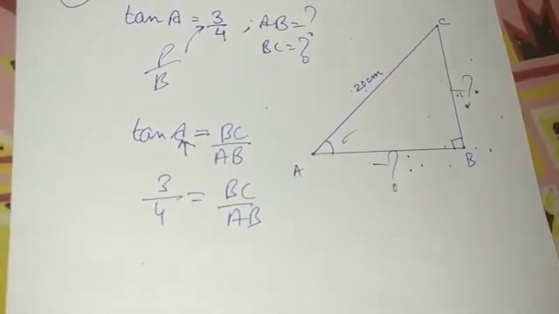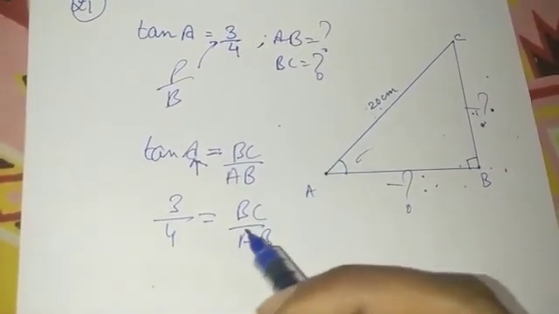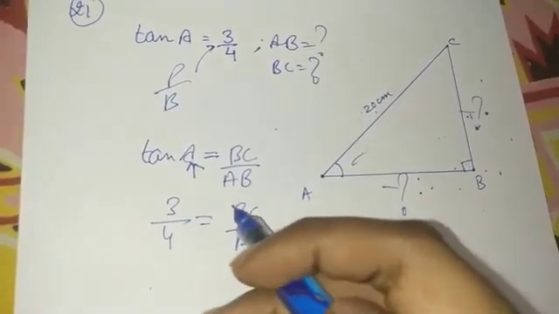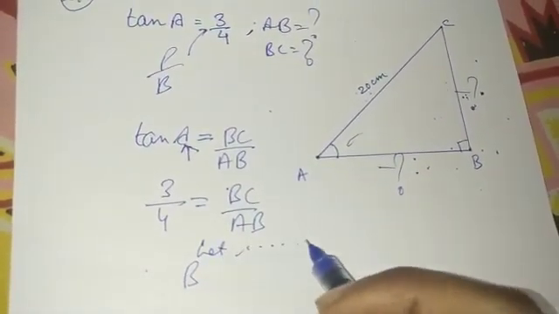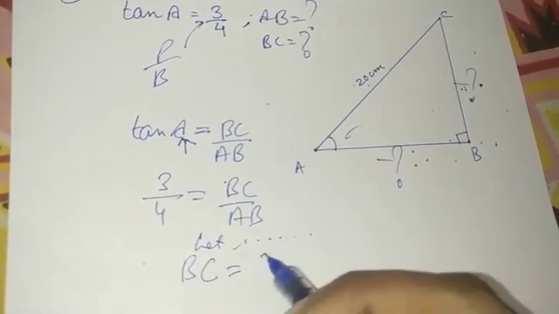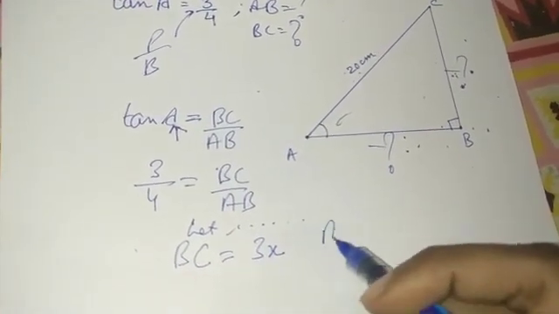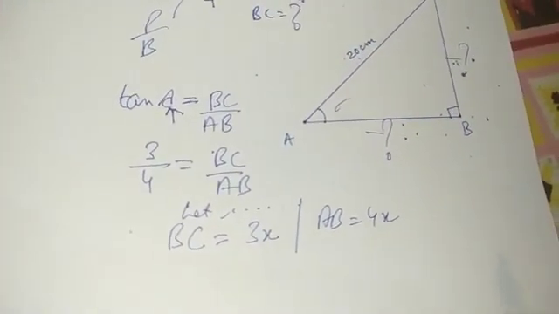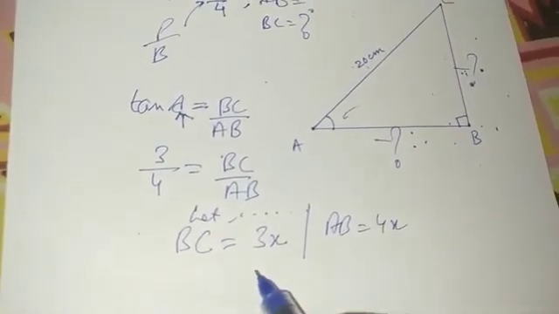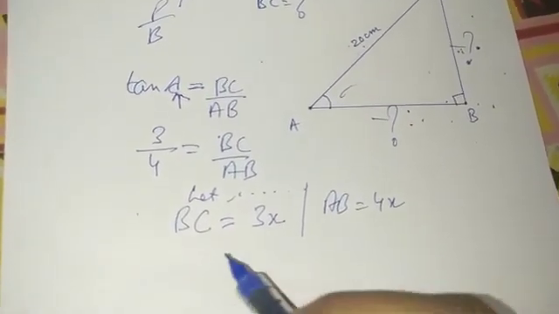Alright, so whenever we have a ratio, let the multiplying factor be x. You will have to write down this statement. So BC will be equal to 3x and AB will be equal to 4x. After we have written this, now in triangle ABC, apply the Pythagoras theorem.